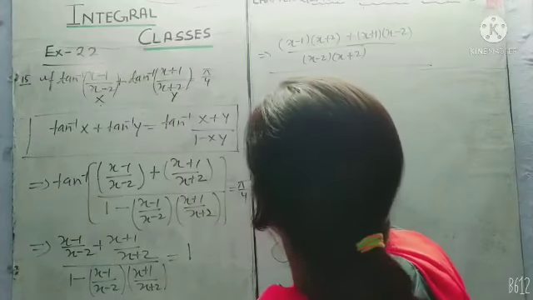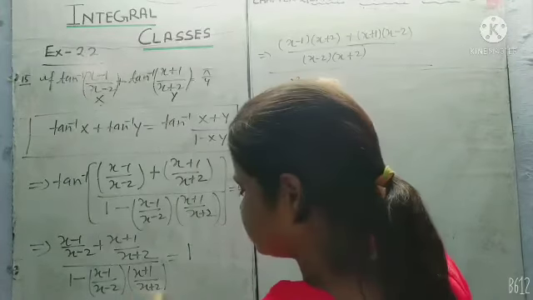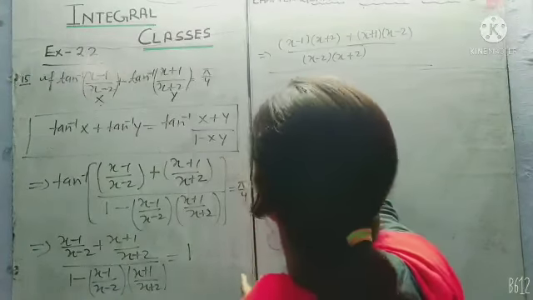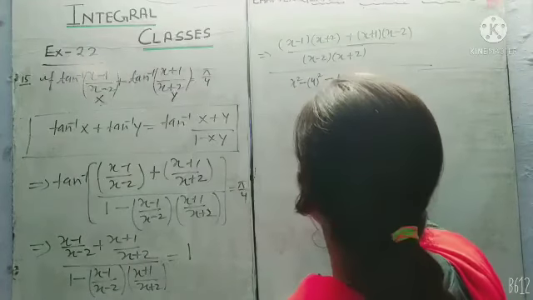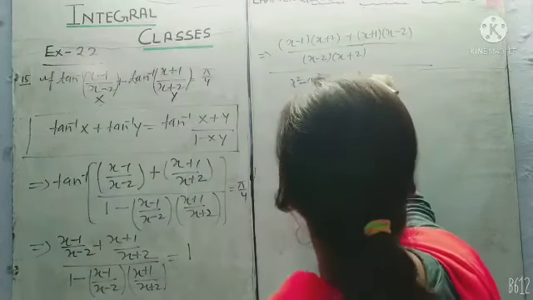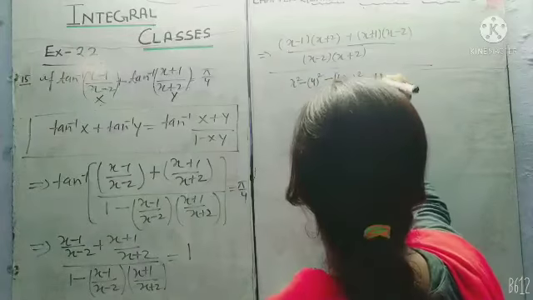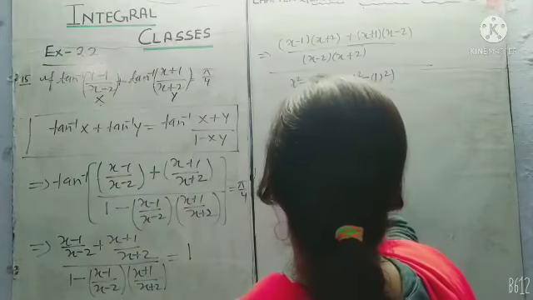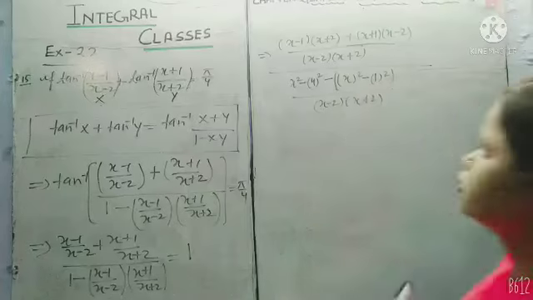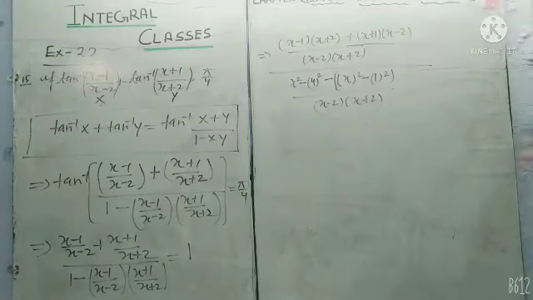So x square minus 4 minus (x square minus 1), upon (x minus 2)(x plus 2).